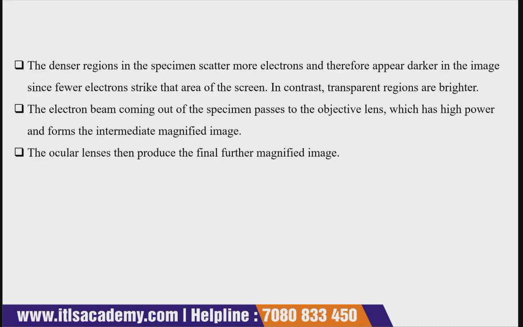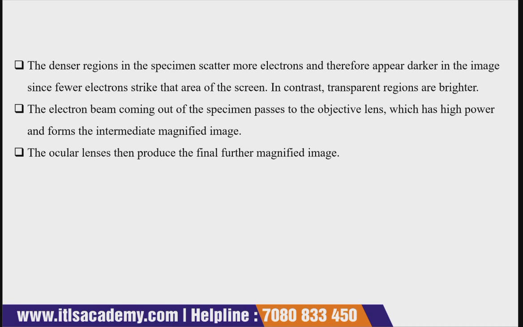The denser the region in the specimen, the more electrons it scatters, and therefore it appears darker in the image. Since fewer electrons strike that area of the screen, in contrast transparent regions are brighter.